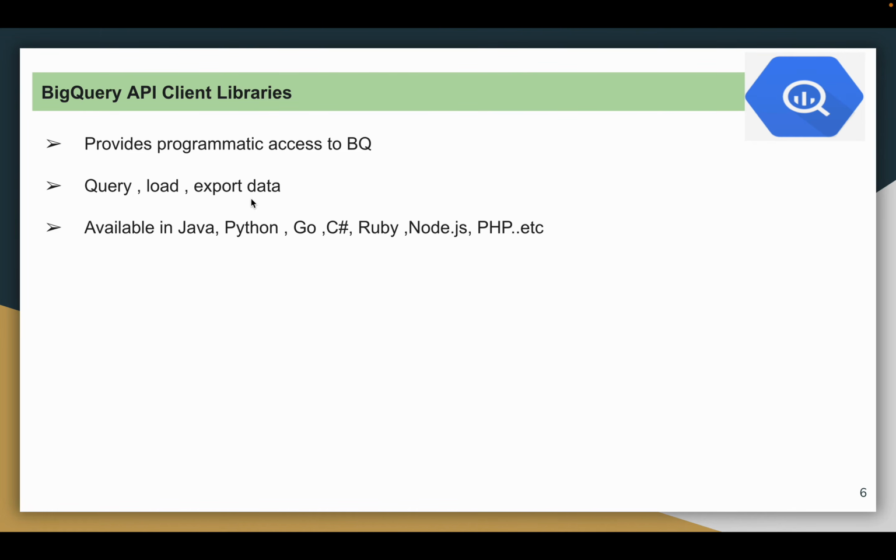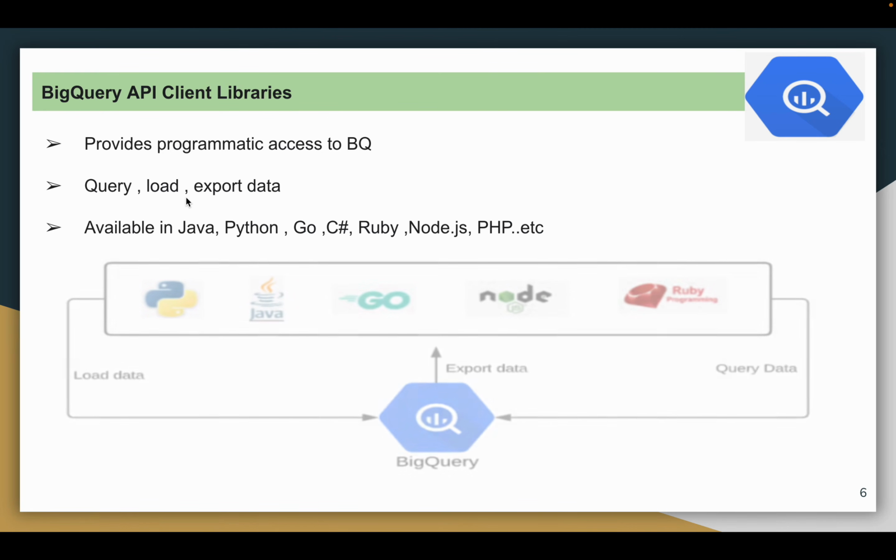So this is an extension to the previous slide. What can you perform using these API client libraries? As I already said, whatever you can perform using the editor or bq tool, you can perform the same tasks using API client libraries as well.